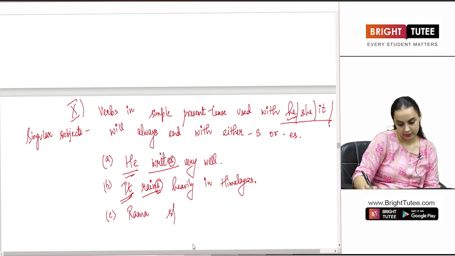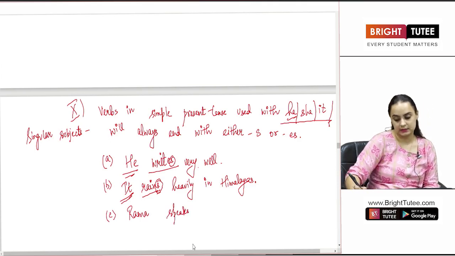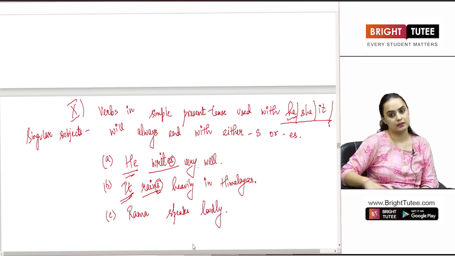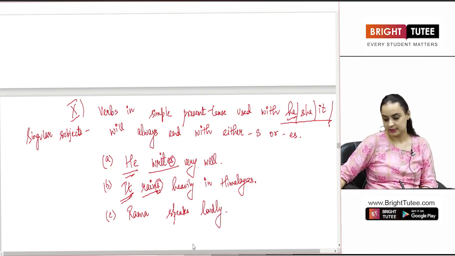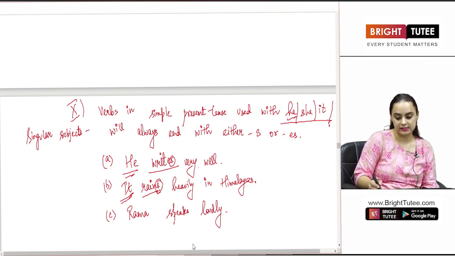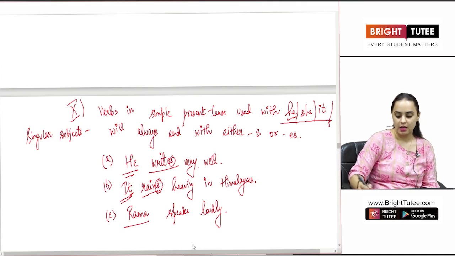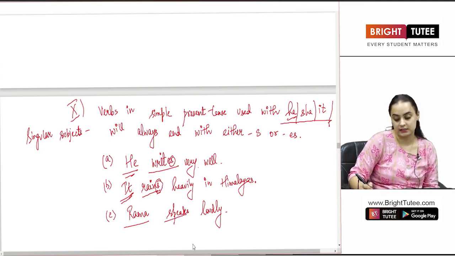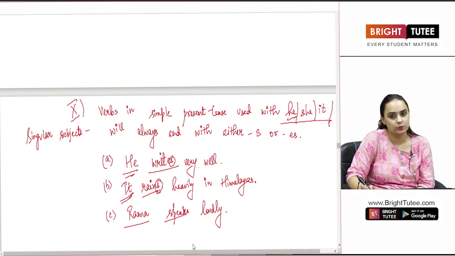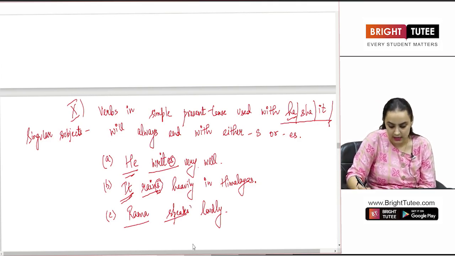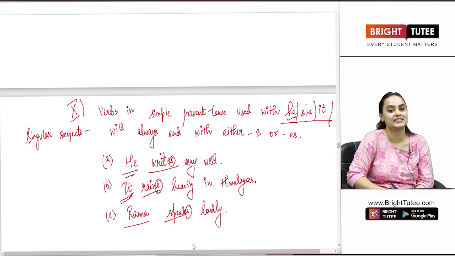Rama speaks loudly. What is my subject? Rama, which is singular in nature. My tense is speak, which is the simple present tense, and I will add an s to it.